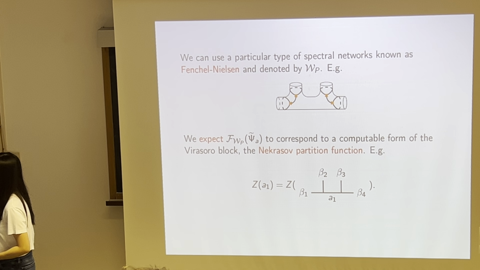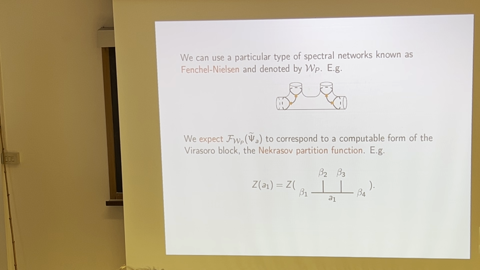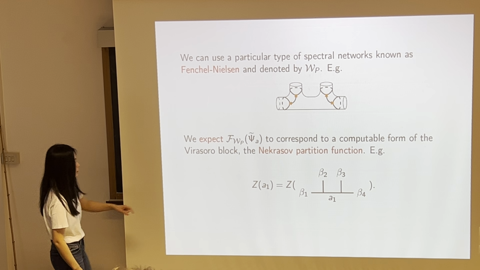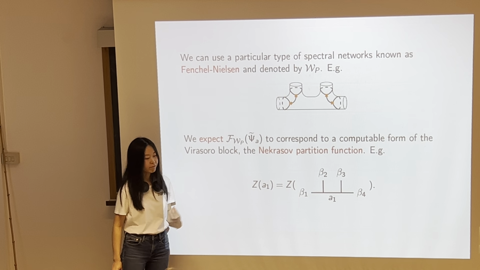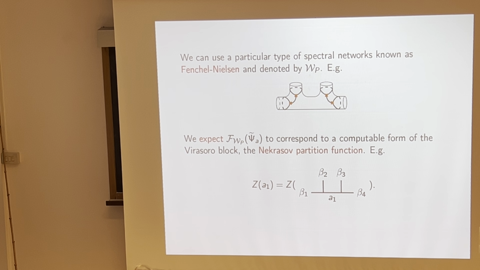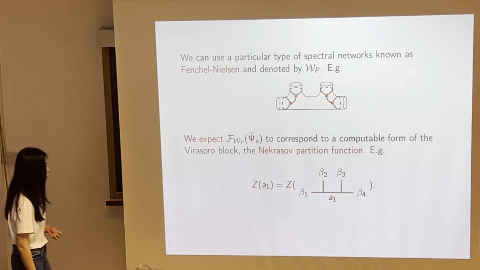If we apply the non-Abelianization map using this Fenchel-Nielsen type of spectral network, we expect that when it acts on psi tilde A, we will get computable Virasoro conformal blocks, which by the AGT correspondence are identified with the Nekrasov partition functions.